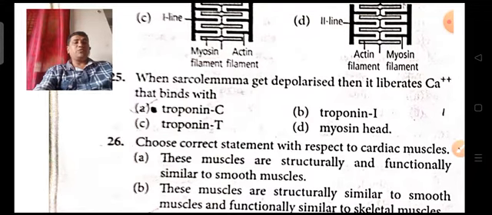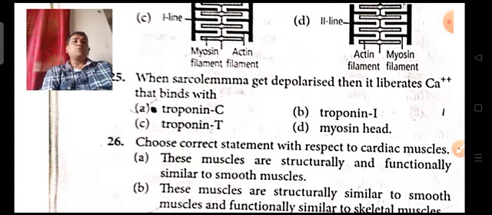So here sarcolemma gets polarized, then it liberates calcium ions that bind with generally the troponin C molecule.